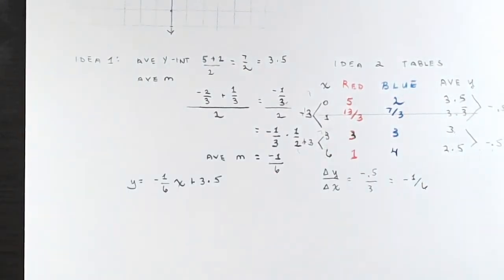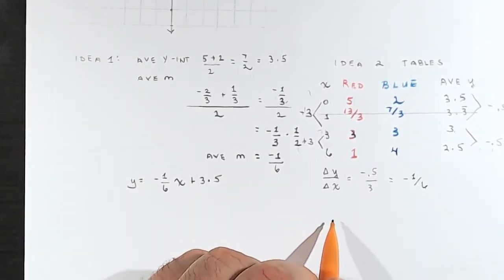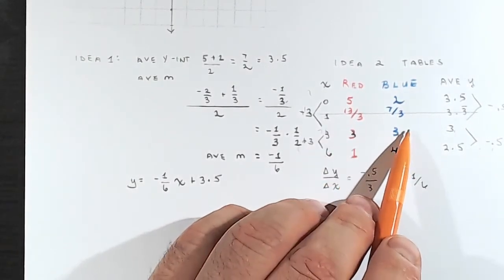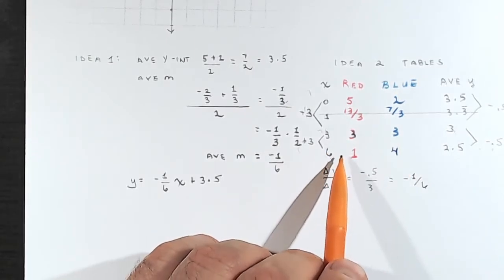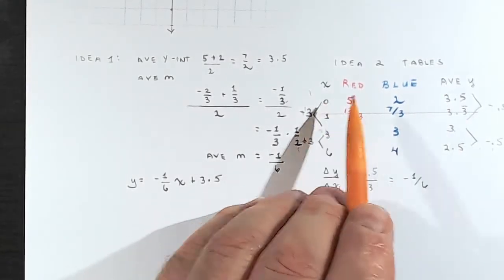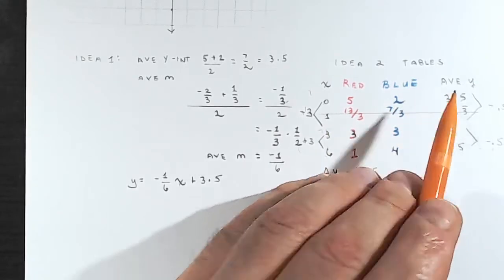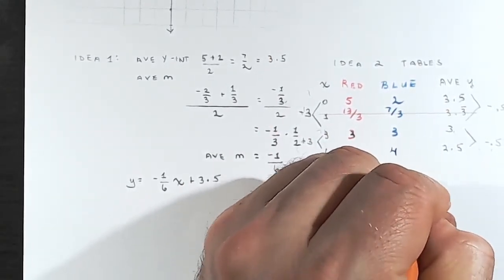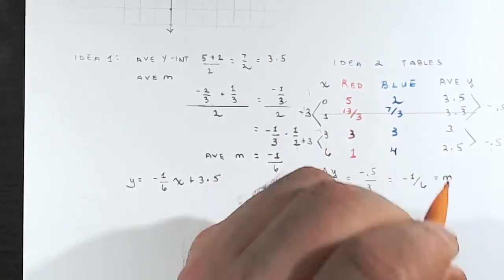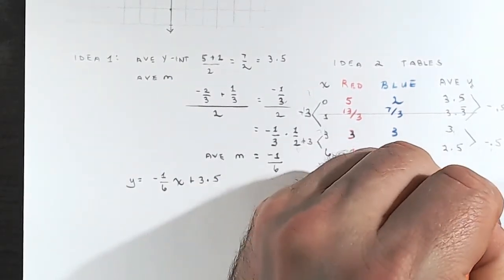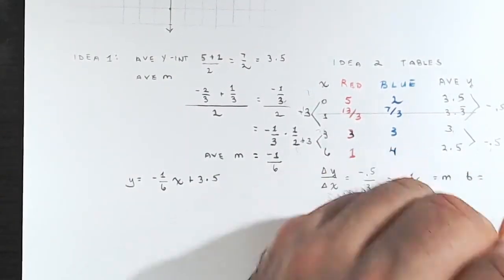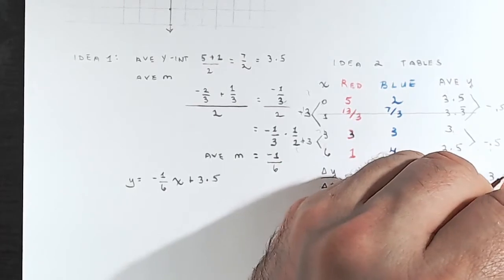So that would be my new slope. And my new y-intercept would be at 3.5, see? Because that would be the average of these two values. So I would have a slope of negative 1/6, and a y-intercept or b value of 3.5.